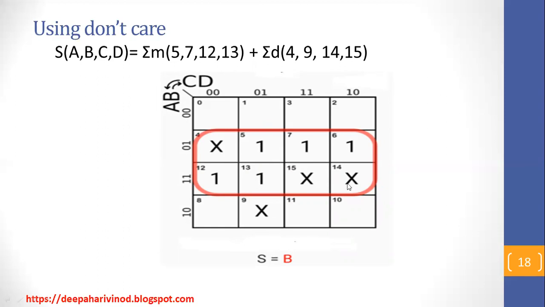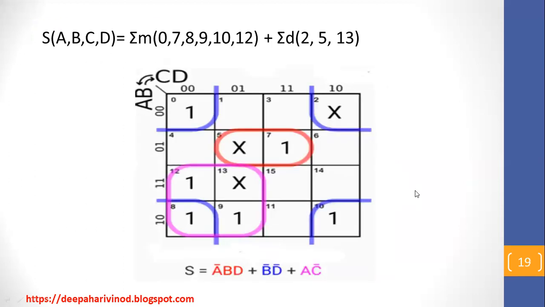Here, so many don't cares are there. If you choose all these don't cares as one, then I can group 8 ones together. In the case of 4 variables, 8 ones together means we will have only one literal in the equation of the group.